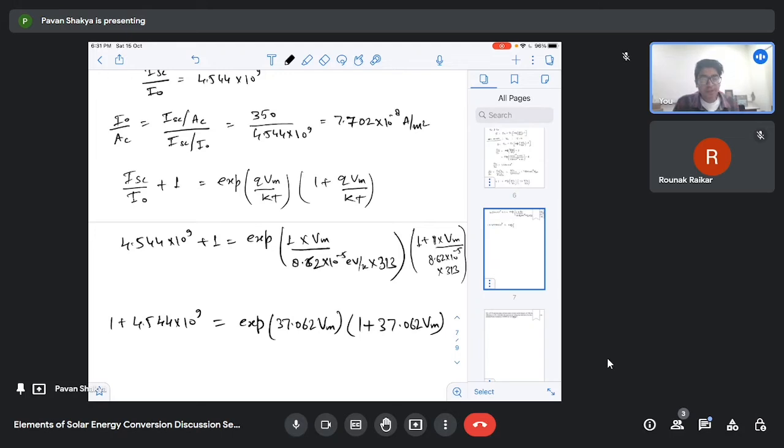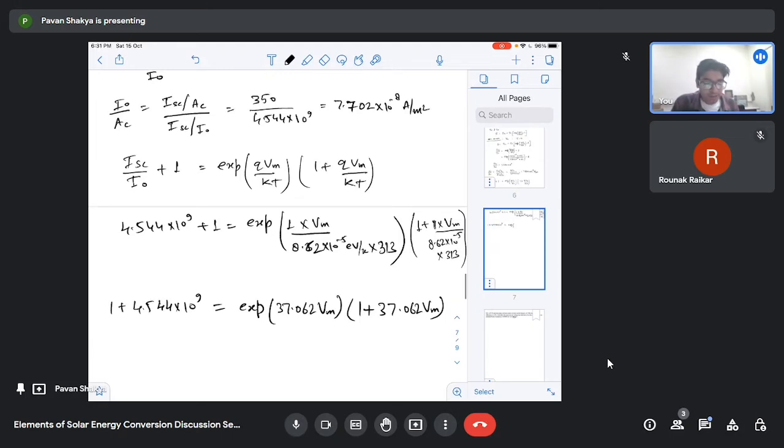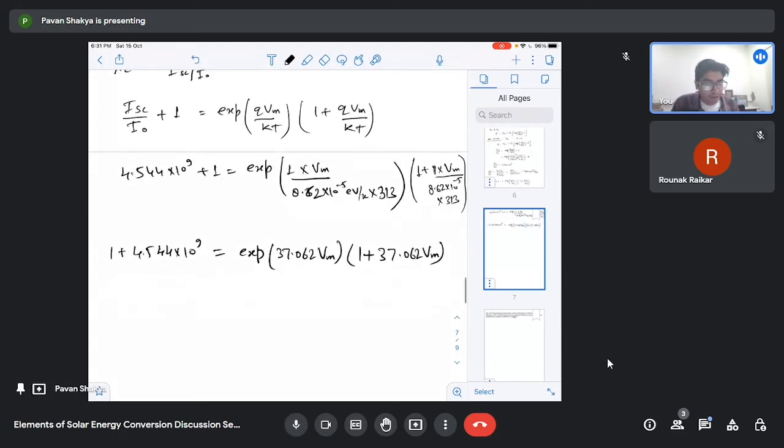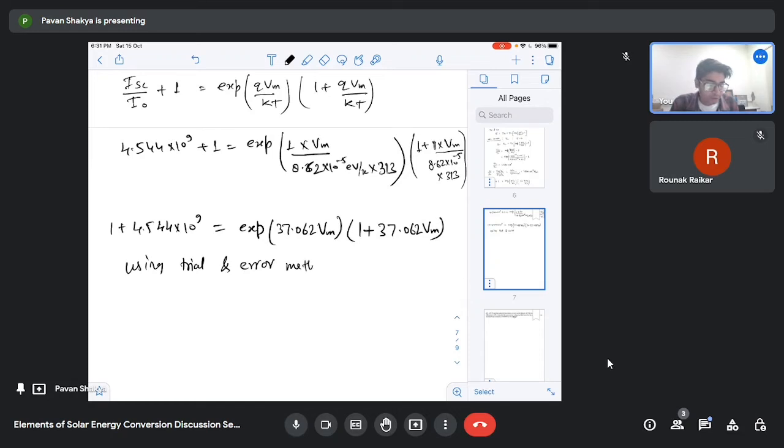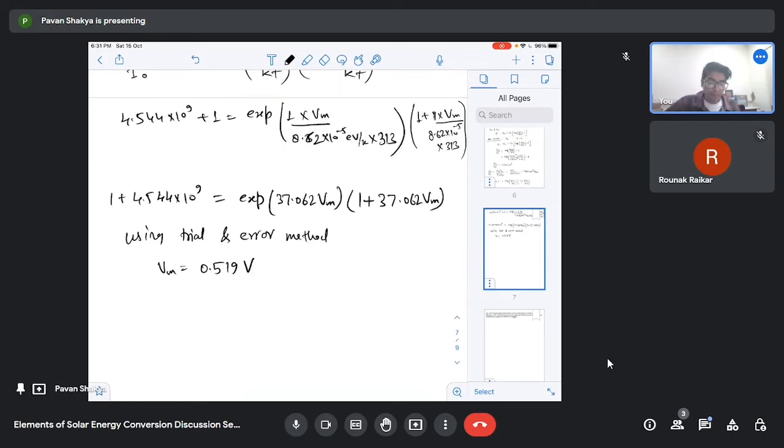So in this expression we can see that there is only one variable, that is Vm. So by using the trial and error method, we can find that this Vm value will come out to be 0.519 volt.